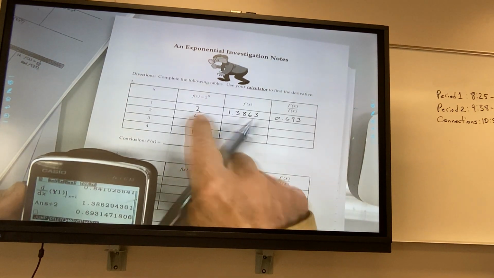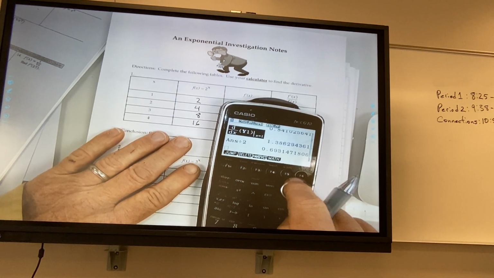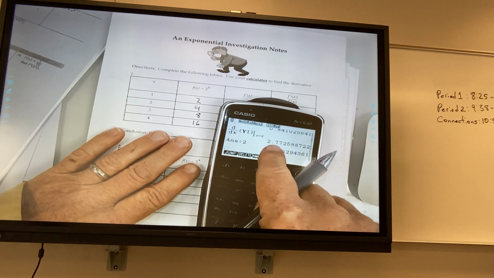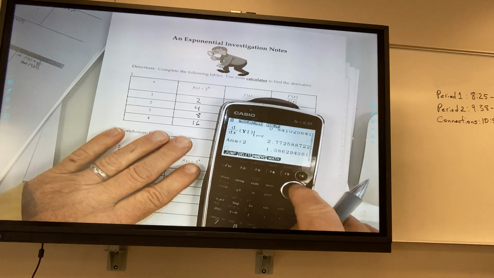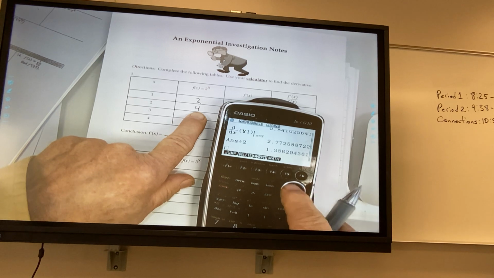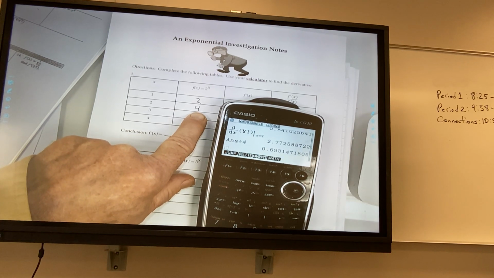So now I'm going to come back to my calculator. This time I'm going to do it to 2. And it gave me this number. But I don't want to divide it by 2, I want to divide it by 2 to the second. So I'm going to divide this by 4. Oh, I got 0.693.